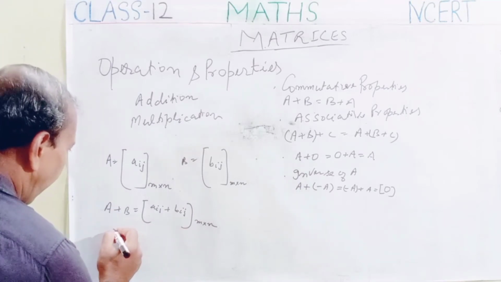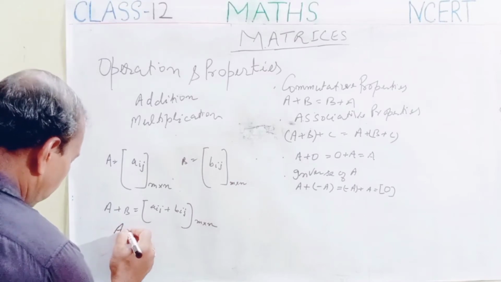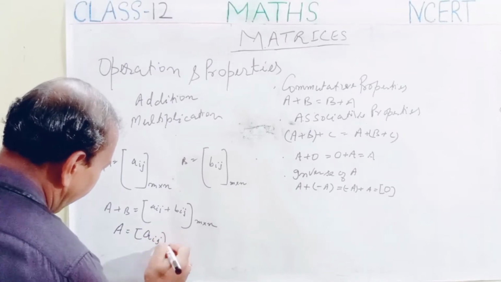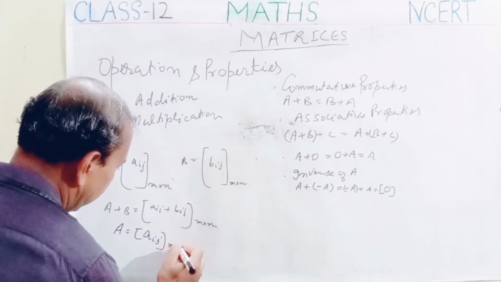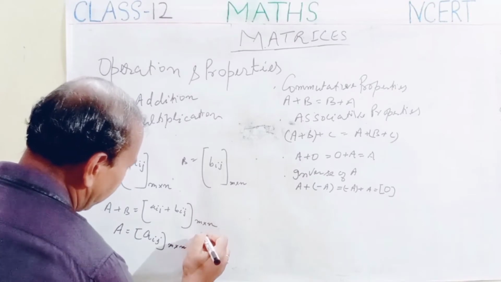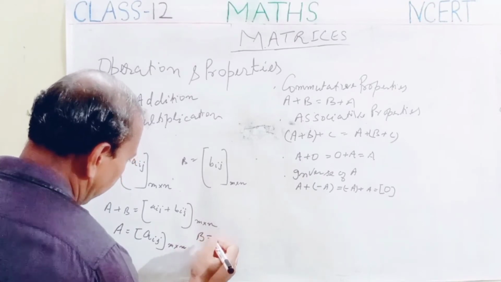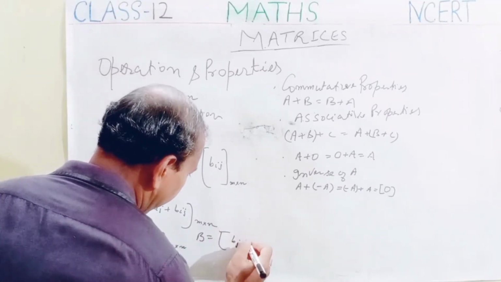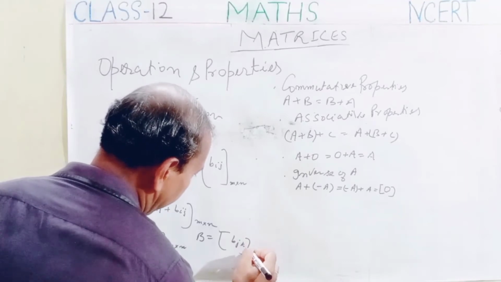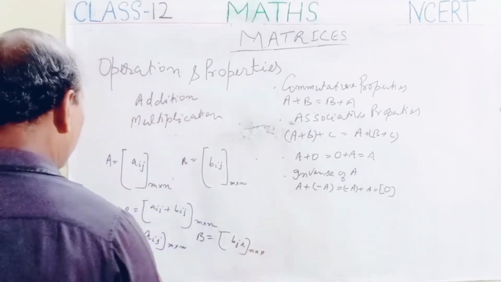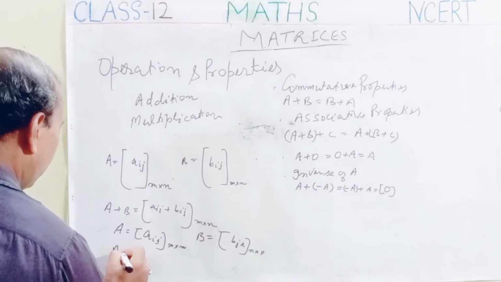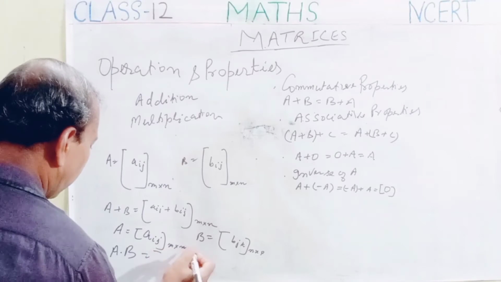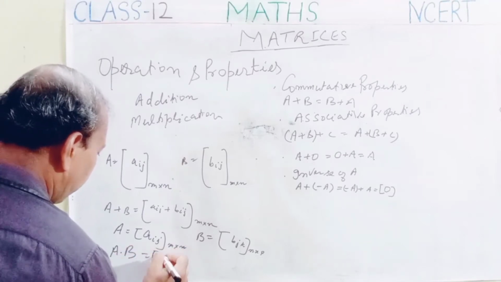Let's suppose A is equal to A_ij, whose order is M cross N. Next, suppose B is equal to B_jk, whose order is N cross P. Then A into B is suppose equal to C.